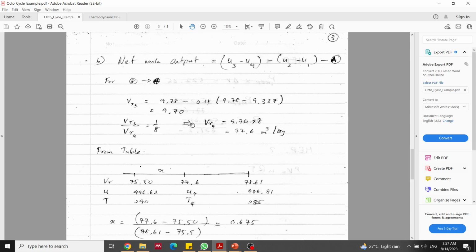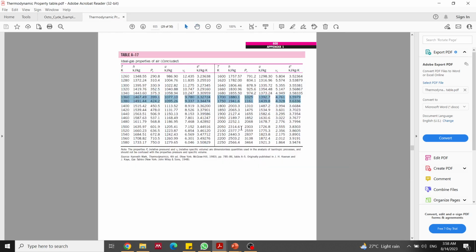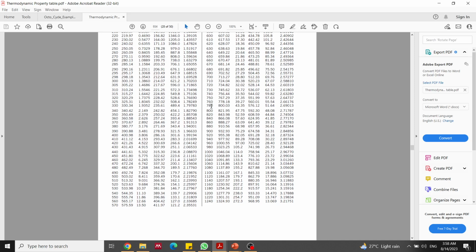So with that we can apply it to this equation. Then we can figure out the VR4 value. The VR4 value is 77.6 cubic meters per kilogram. Then we can use the table to find this value. We are interested in 77.6, so we go back to VR 77 somewhere in here.